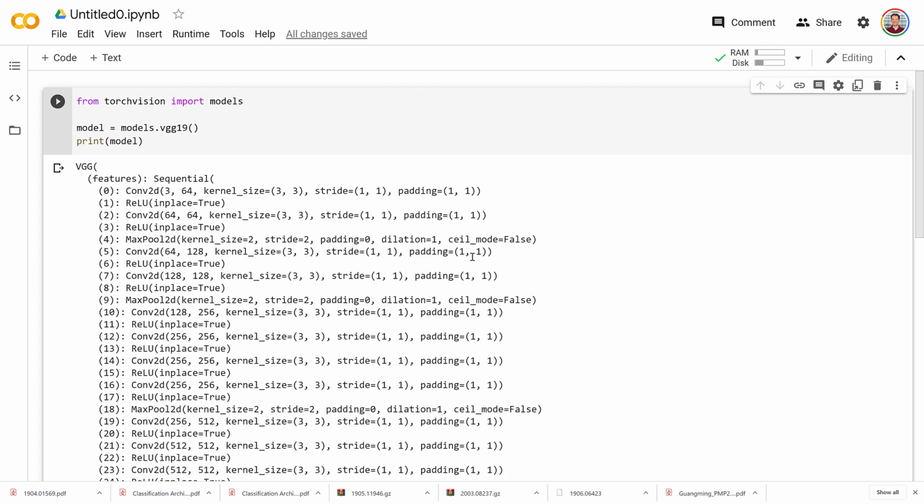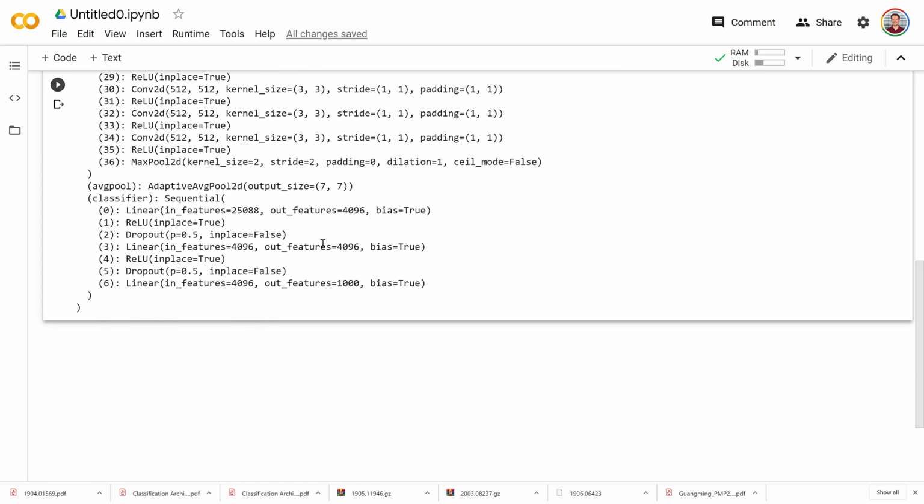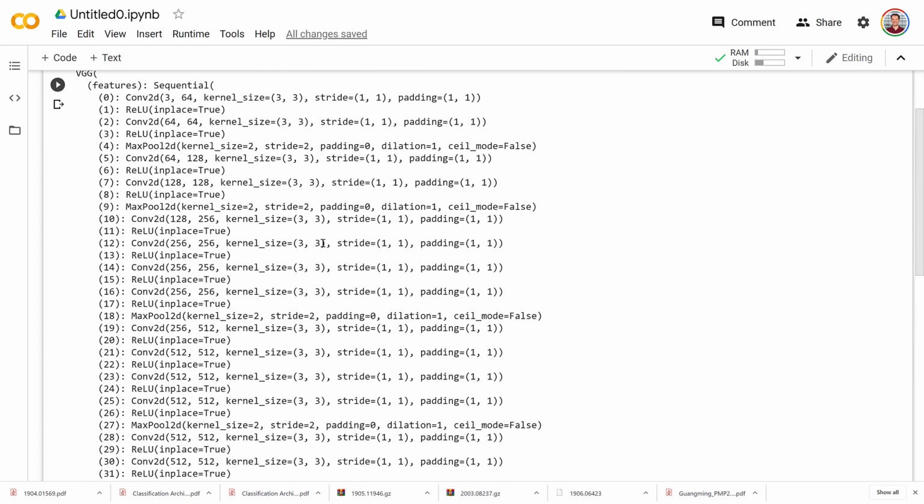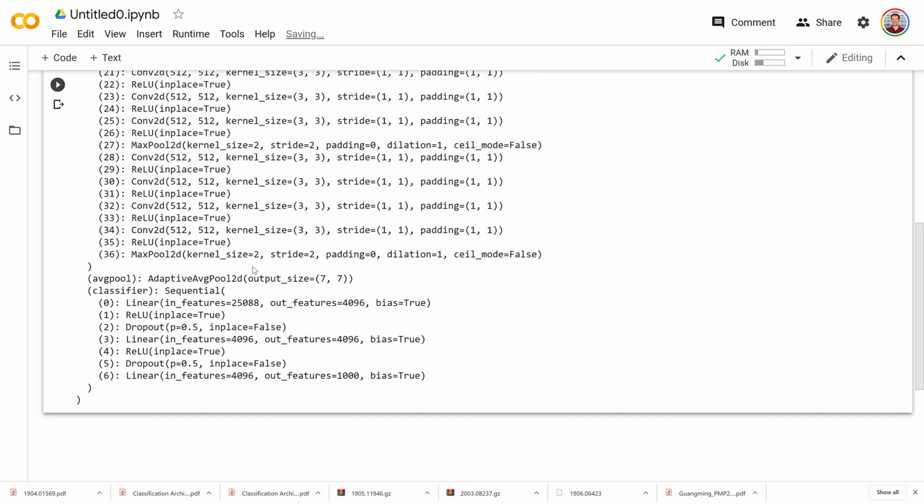I highly recommend to look at several of these networks. This is a great way to study network architectures a bit, loading it here and printing it out. So for example, what we see in this VGG architecture that we will discuss next is that this last structure somewhat survived.